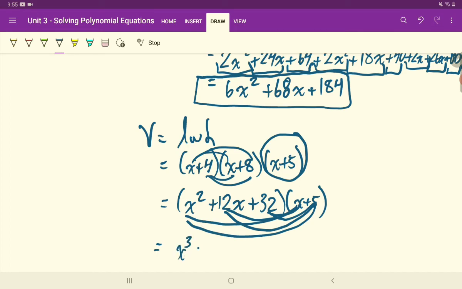X times 12x is positive 12x squared. X times 32 is plus 32x. Then 5 times x squared is positive 5x squared. 5 times 12x is positive 60x. 5 times 32, okay, is 160.